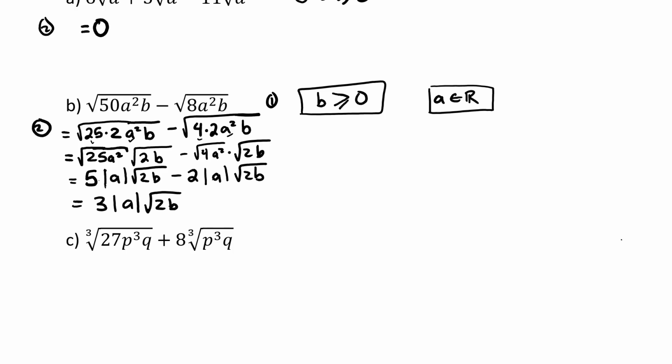Last but not least, first things first, let's define where these are true. Now, we can do a little bit of a happy math dance party because we have an odd index. Woohoo! It means it's a free-for-all. It means that the variables can be anything. So I can say p and q are elements of the reals, and we don't have to think about it any other way, because you can have negative values underneath a radical that has an odd index.